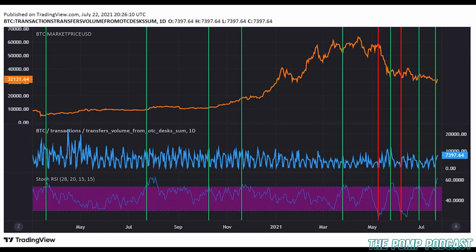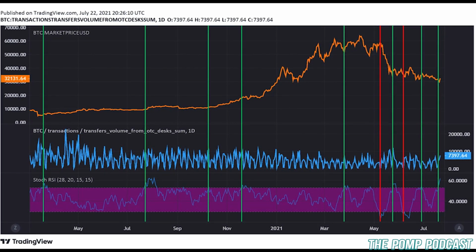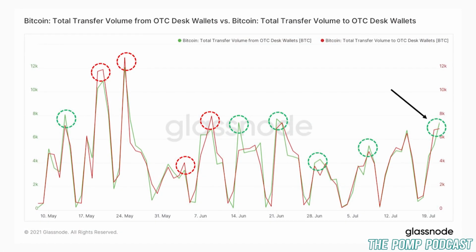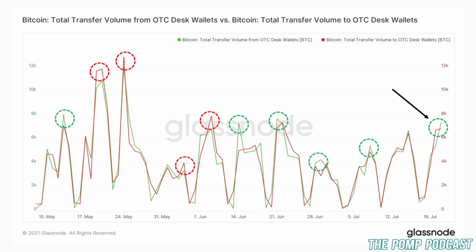To me, looking at that along with seeing whale wallets tick up, you've seen them accumulate pretty heavily over the last few weeks. Those two things coincide and say the same thing. And then below that, I put out a chart comparing the outflows to the inflows, and you'll see that right now the outflows are outweighing the inflows to OTC desks.